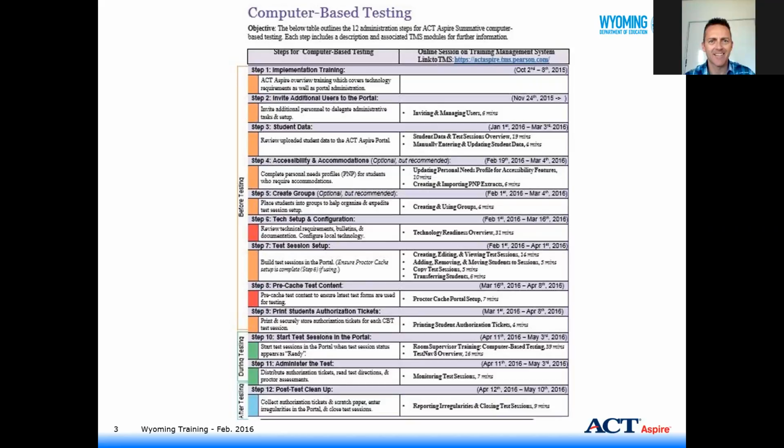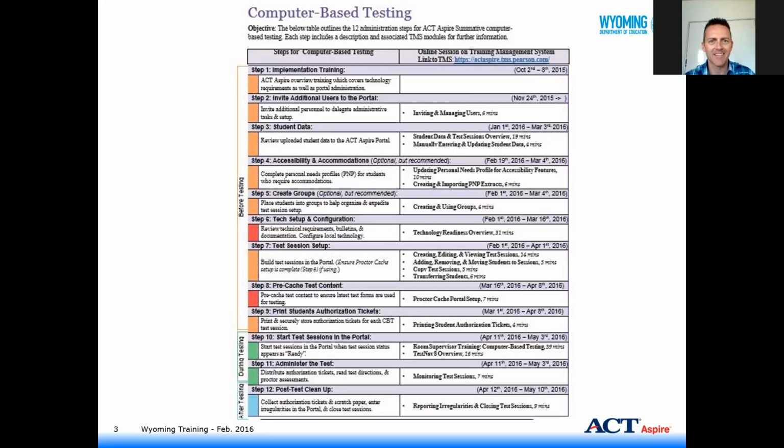Make sure that you set up the proctor caching servers, and that you've validated that the workstations students are going to be taking tests on are up to par and everything's going to be working just fine. That timeline is from February 1st to March 16th, so we're right in the middle of that. We want to make sure that folks are doing it, and the rest of this training session will outline what steps you should be taking.